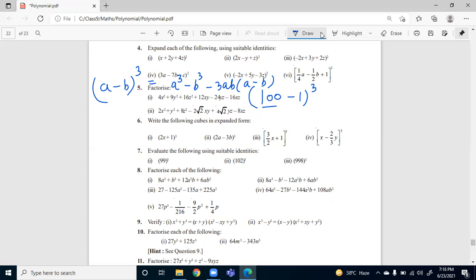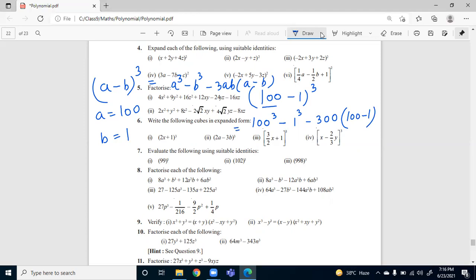Okay. So you can see here a is 100 and b is 1. So if you substitute the value of a and b in this identity, I can write 100 cube minus 1 cube minus 3 into 100 into 1, that is 300, minus 300, and a minus b, that is 100 minus 1.